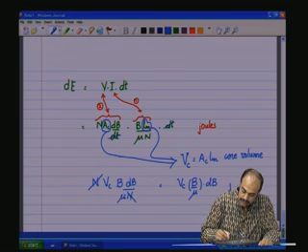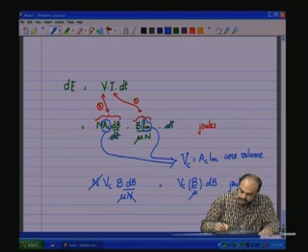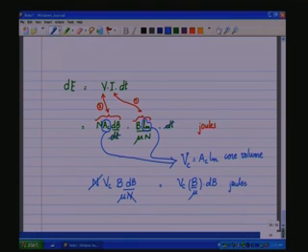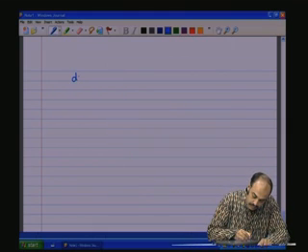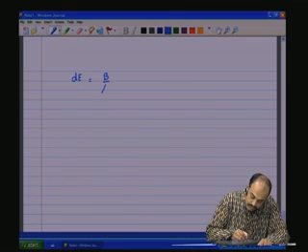This is the instantaneous energy. Now, energy dE, which is equal to B by mu into dB, is the energy per unit volume.